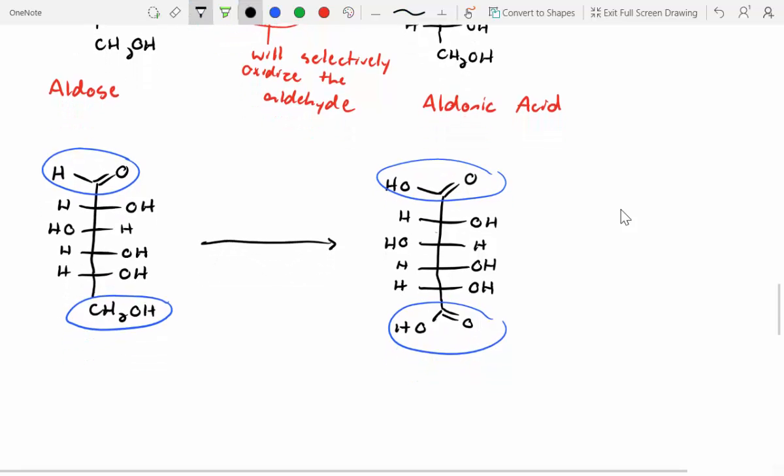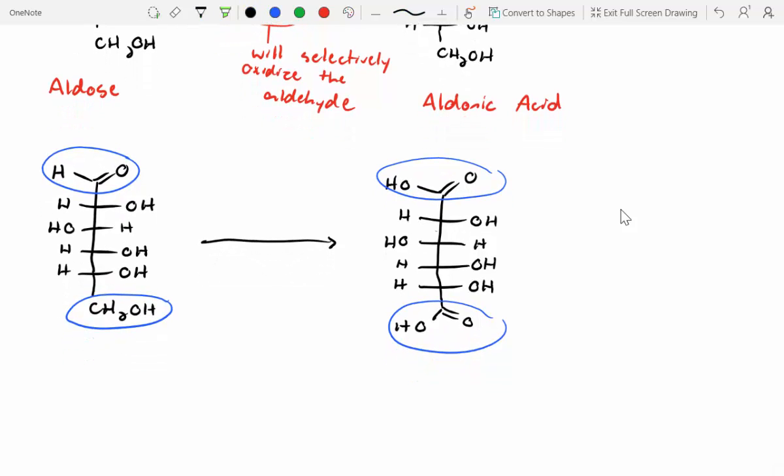Again, we can't use normal oxidation techniques. This time what we're going to do is react this with nitric acid, water, and heat. The nitric acid will only oxidize primary alcohols and aldehydes.